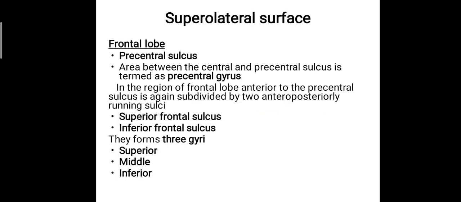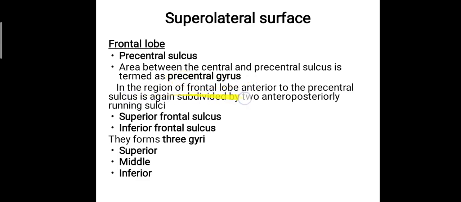On the superolateral surface of the cerebrum, the frontal lobe consists of a precentral sulcus. As the name suggests, the precentral sulcus lies just behind the central sulcus, and there is a space in between these two. That space, or the area between the precentral sulcus and the central sulcus, is termed the precentral gyrus.